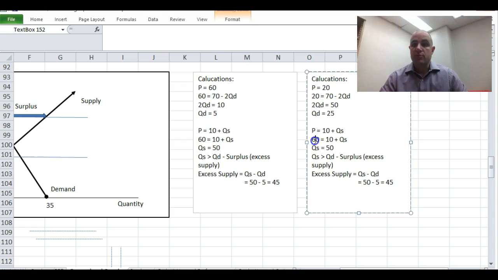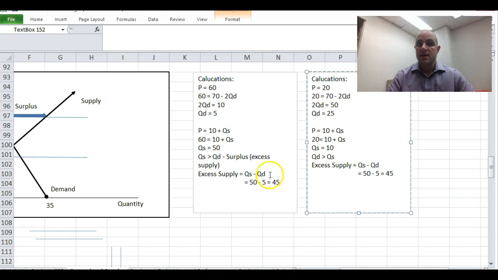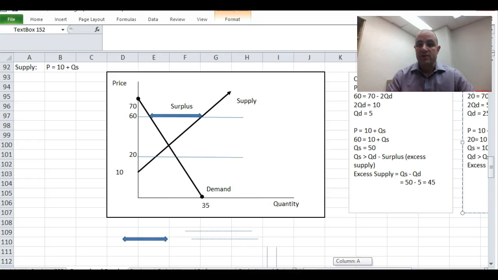Now when you plug the price of 20 into the supply, you find that the quantity supplied is going to be 10. So in this case, there are more units that are demanded than are supplied. And so we're still seeing this gap here.